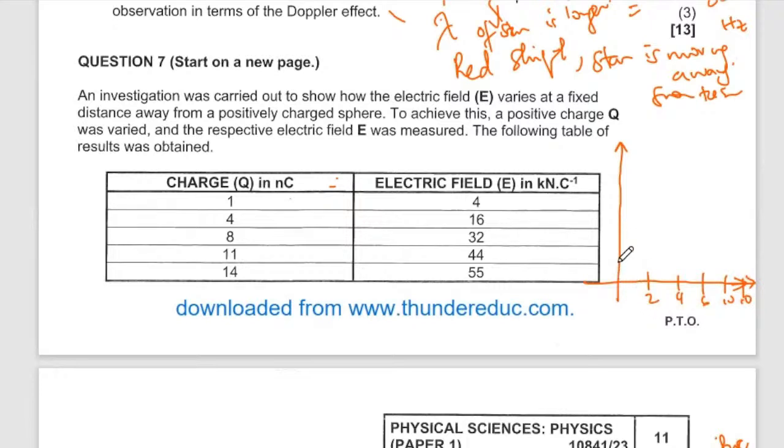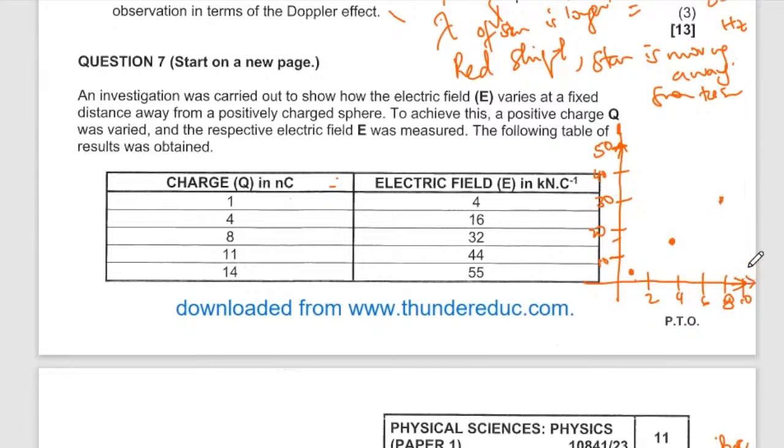Then here I can use 10, 20, 30, 40, 50, and so on. So we know that 1 goes with 4, which is somewhere there. And then 4 goes with 16, which is slightly below. And then 8 goes with 42. It's slightly above.